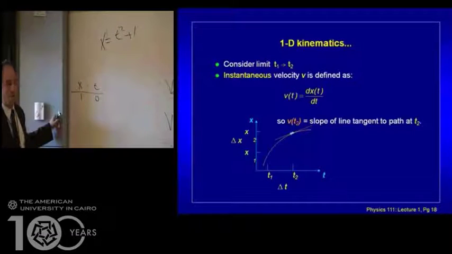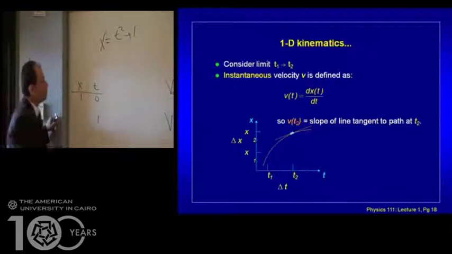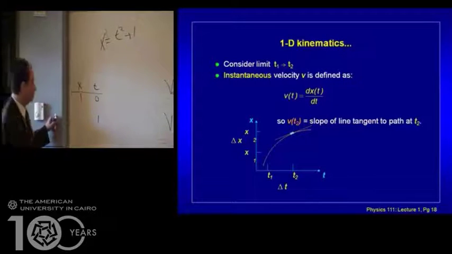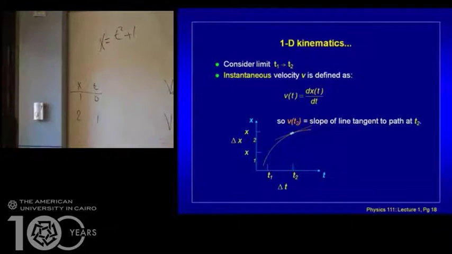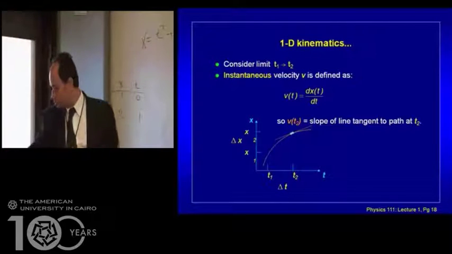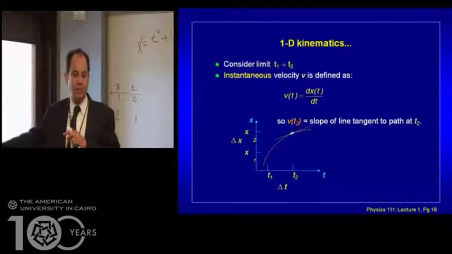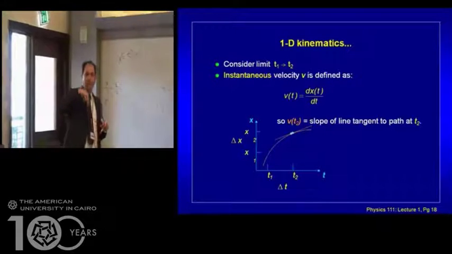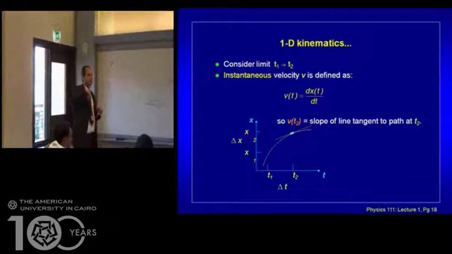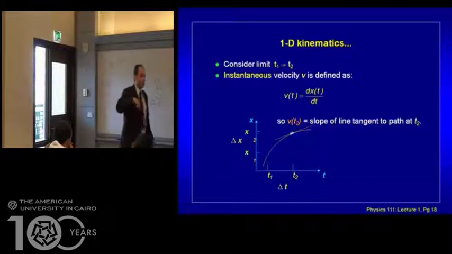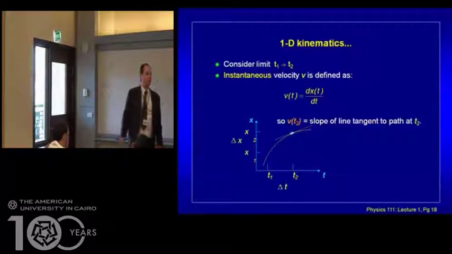Now at time equal to 1, what is the position? 2. So at time equal to 0, if this is the 0 point, the 0 displacement, the position of the object is at x equal to 1. After 1 second, the object has moved 1 more meter, so the object is at position equal to 2 meters.